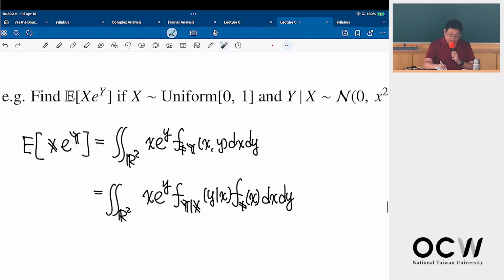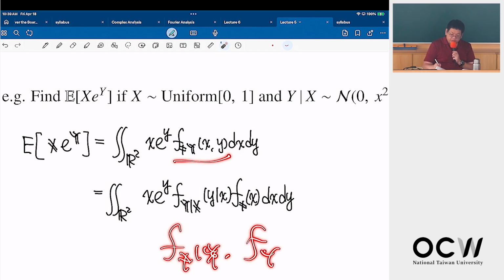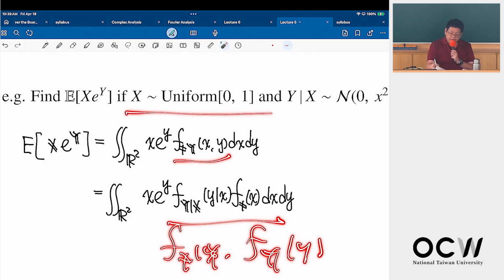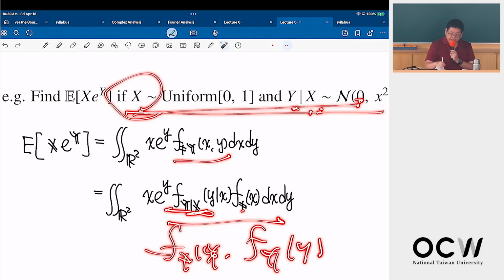Again, here we can choose x given y, then times the marginal PDF of y. Or this one, depending on my condition. In this case, I only know the PDF of x and then the PDF of y given x. So that's why I choose y given x rather than this part.